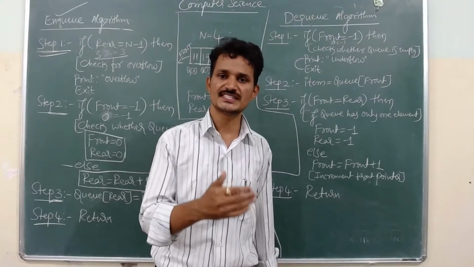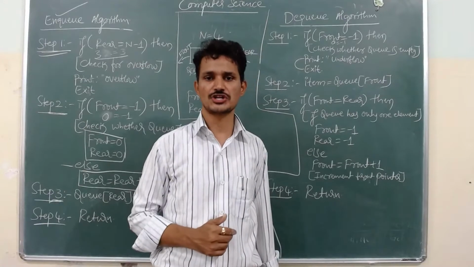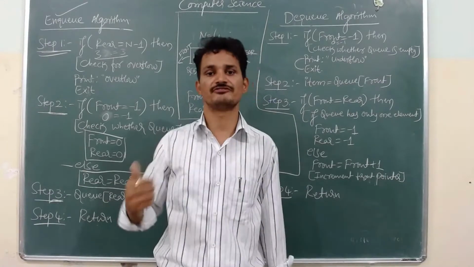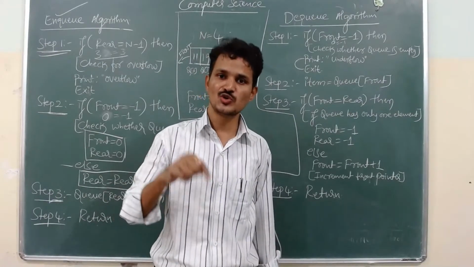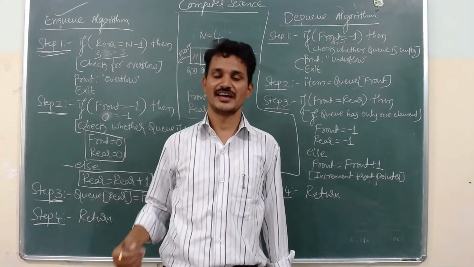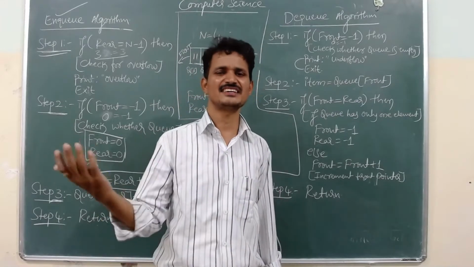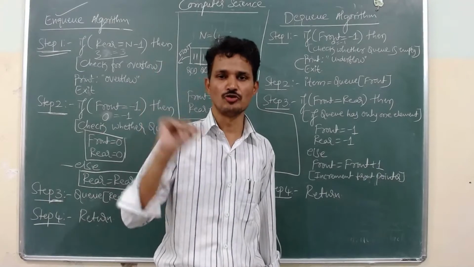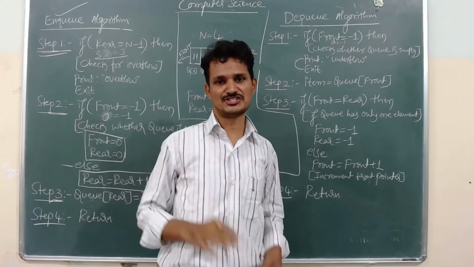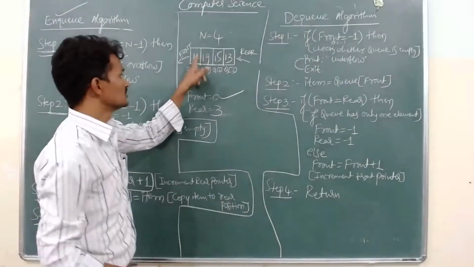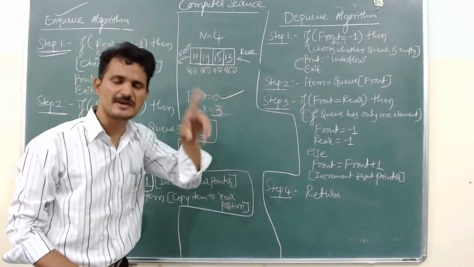The person who is standing nearer to the cash counter will come out first, and the person who is standing last will come last. That is nothing but the principle of FIFO, first in, first out. So the 11 I am targeting must be deleted.